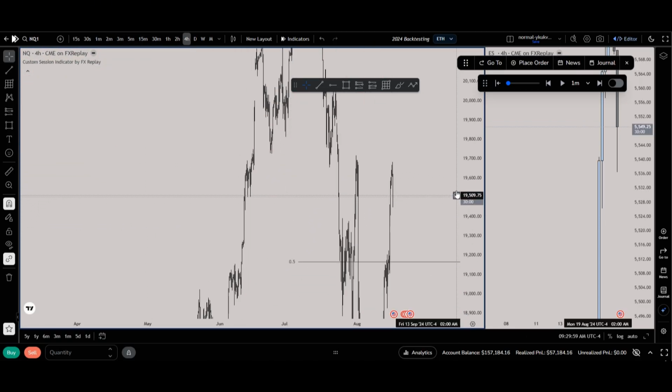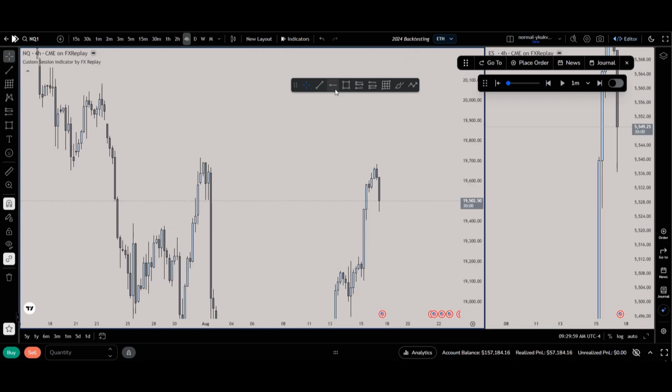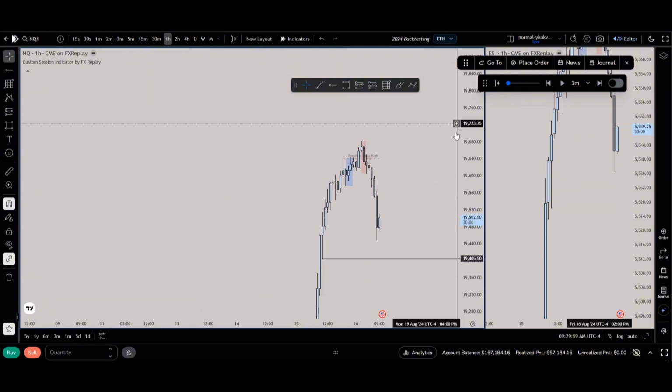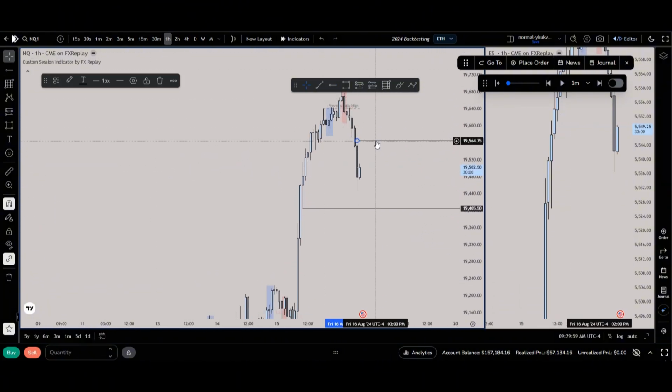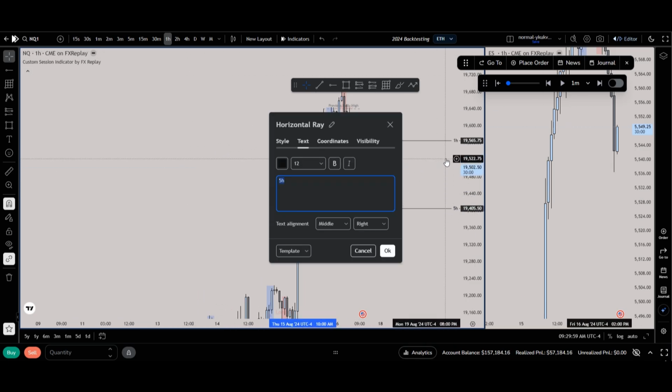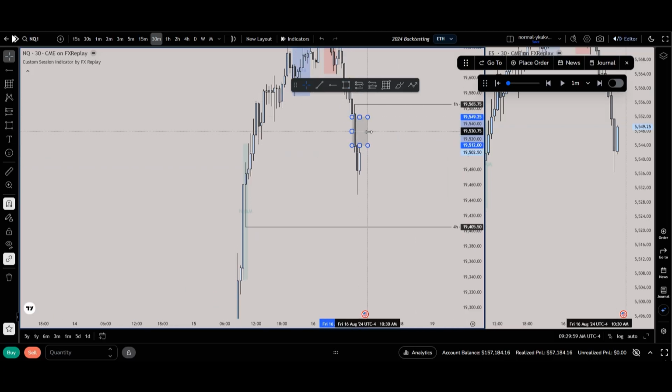Looks like we've had a bit of a retrace. Tap this gap. We have this 4 hour down here. 1 hour here. Open a 30-minute right here.